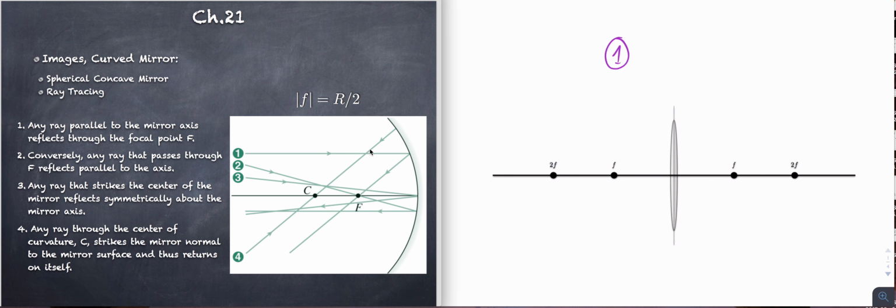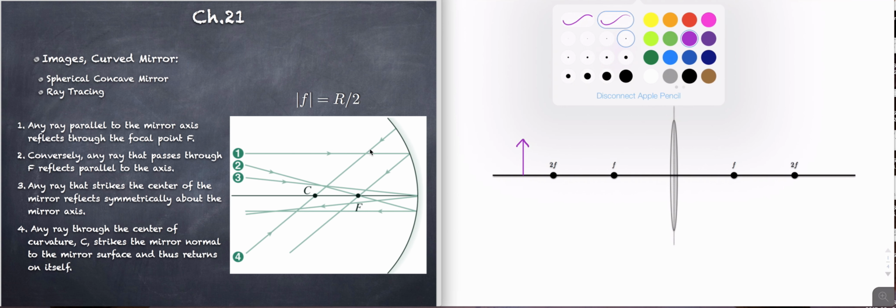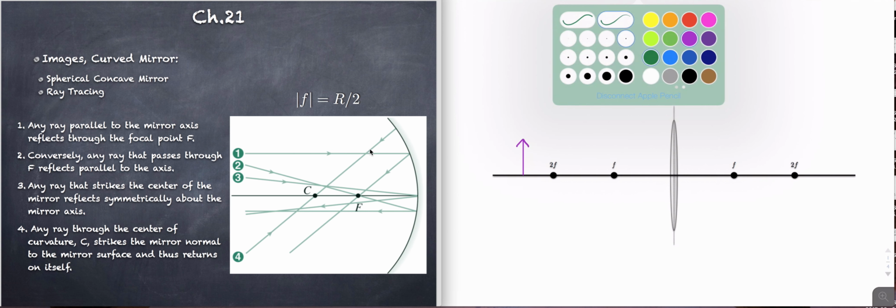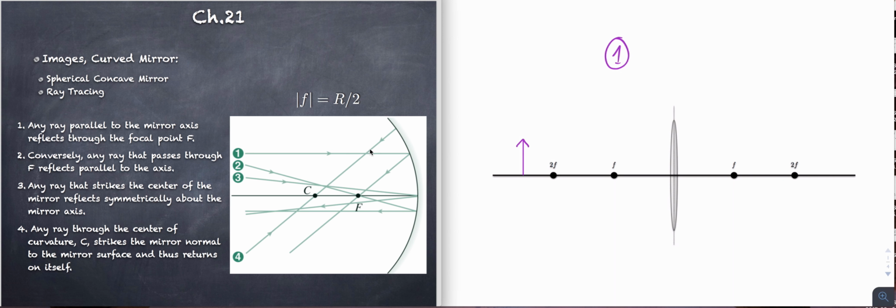So let's put an object over here, just as an example. And so light, and let's use green again for light. So light that is moving parallel to the center axis, and of course this is your center axis, which is normal to the lens.